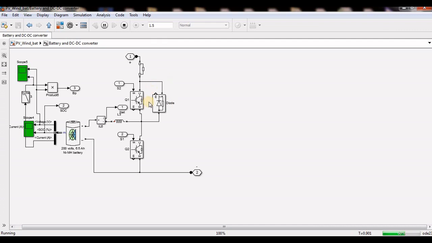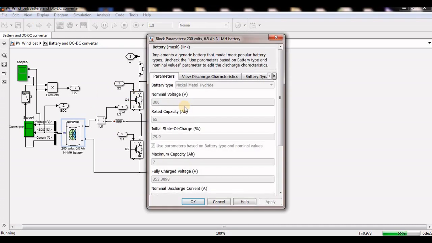That is the reason we are using one more diode anti-parallel with this switch, but there is no requirement of an anti-parallel diode in this switch. So this switch will act as a boost converter, and this switch will act as a buck converter. Because my DC link voltage is nearly 660 and I selected nearly 300 volts for my battery.